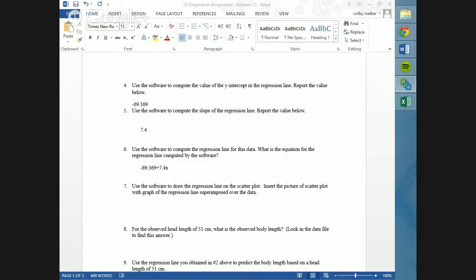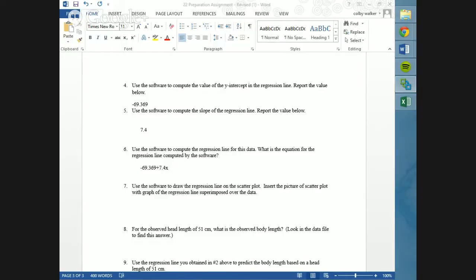The instructions say to make a scatter plot and then click on it. Then there's this drop down menu. There's a scatter plot. Okay.